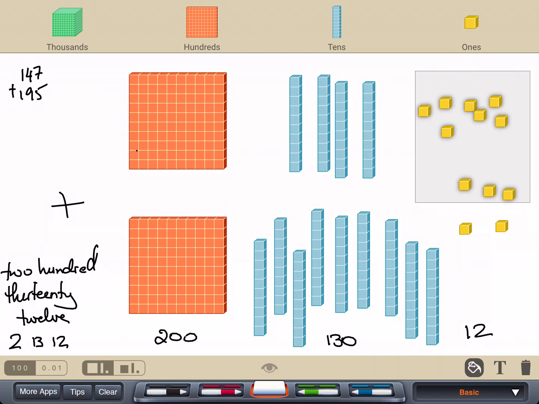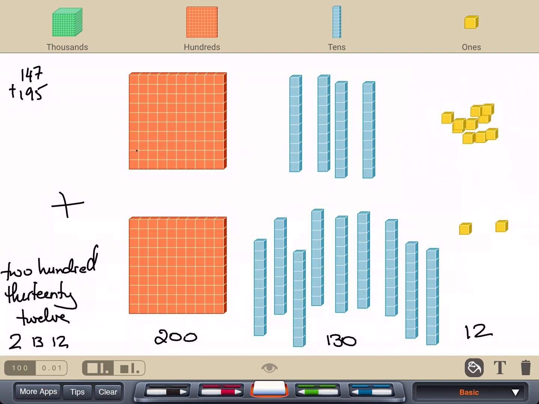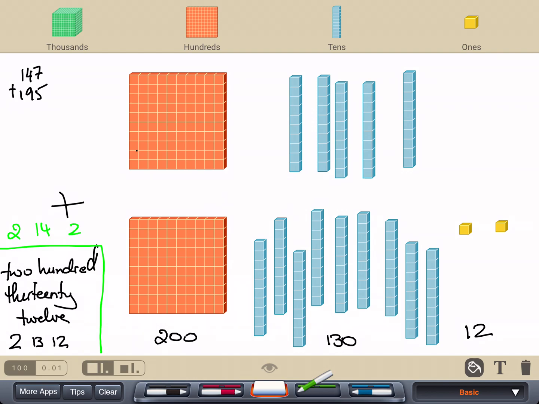These 10 singles could be traded into a single rod. So instead of 13 tens 12, I now have 14 tens 2.